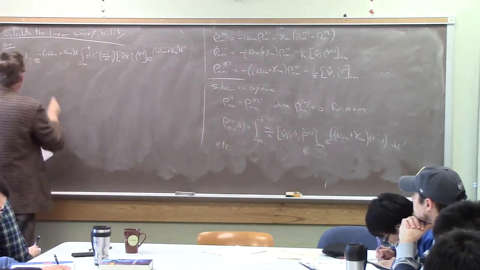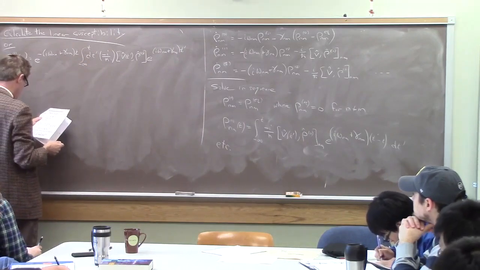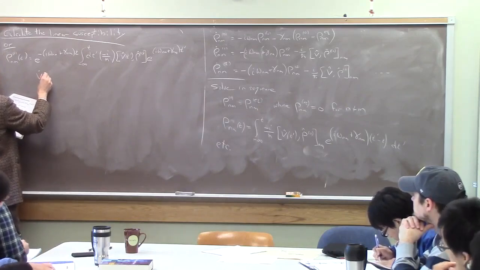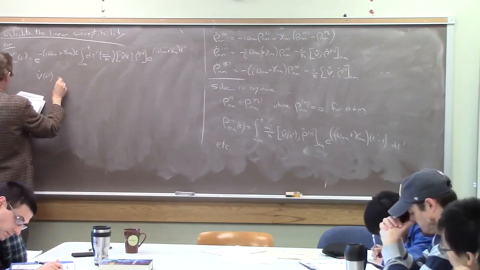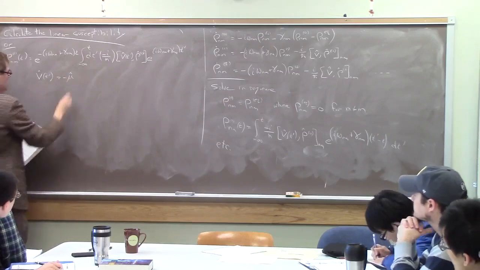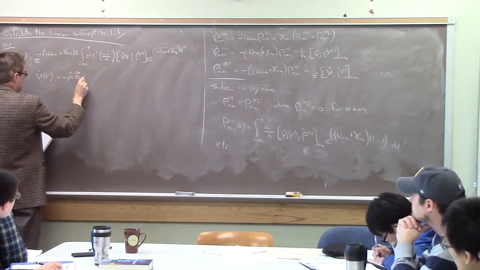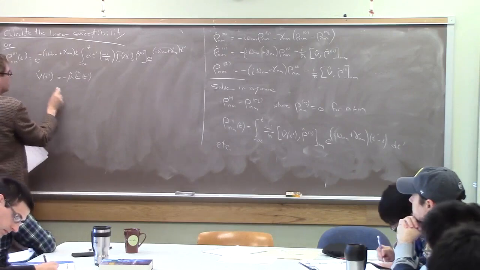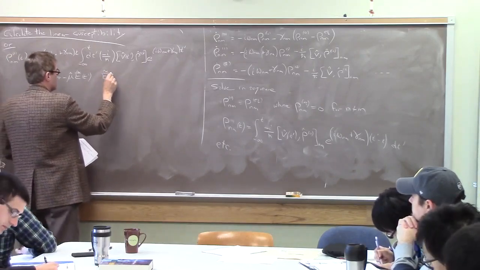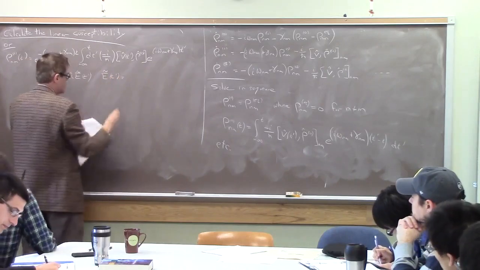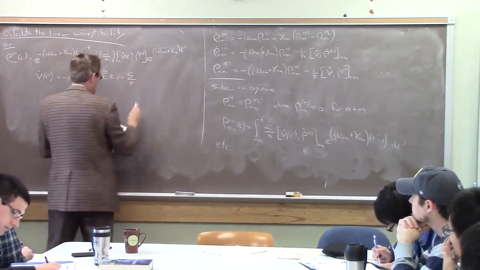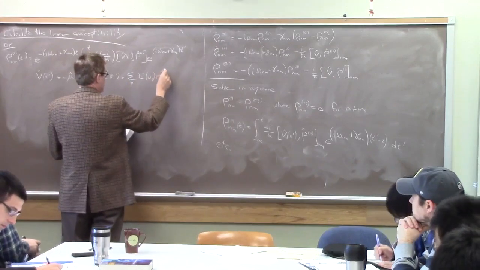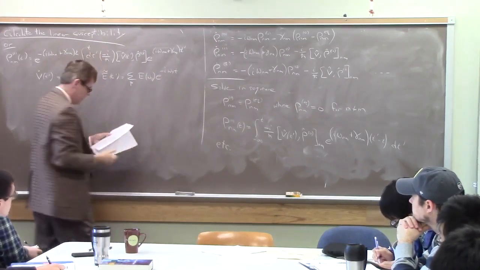Since we're actually going to be plugging in V of t prime as minus mu times E of t prime, let's take E of t prime to be the summation over p of E of omega p e to the minus i omega p t.